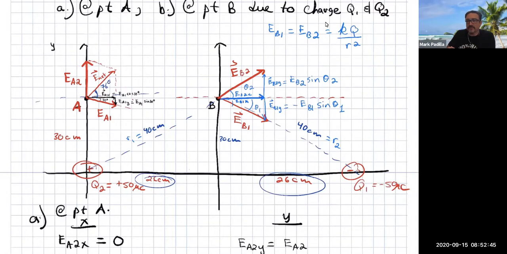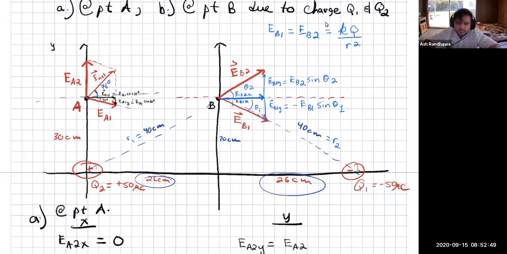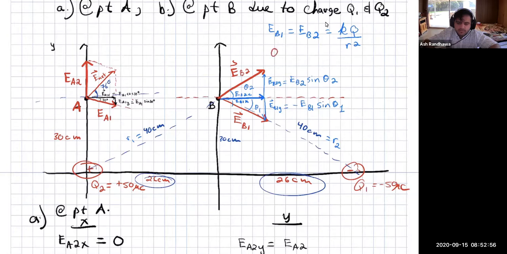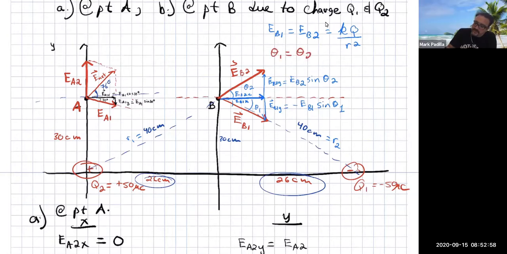So what's going to happen? They're just going to cancel each other out. And you know that theta 1 is also equal to theta 2. Therefore, in a situation like this, you don't have to write all this out. I'm just writing it out for teaching it.